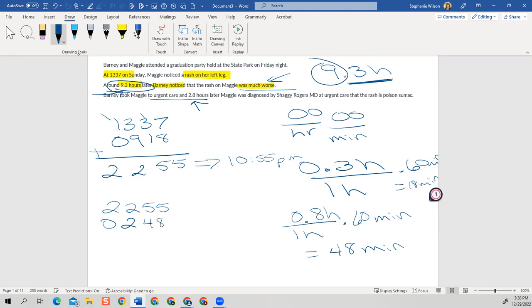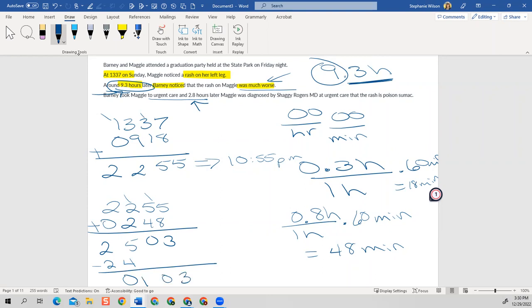Okay, so we add on the 48 here. Now I got 5 plus 8 is 13, carry the 1, 10, carry the 1, 5, bring down the 2. However, there's only 24 hours in a day, so I'm going to subtract the 24 off that 25, and it's going to give me a more accurate time frame.